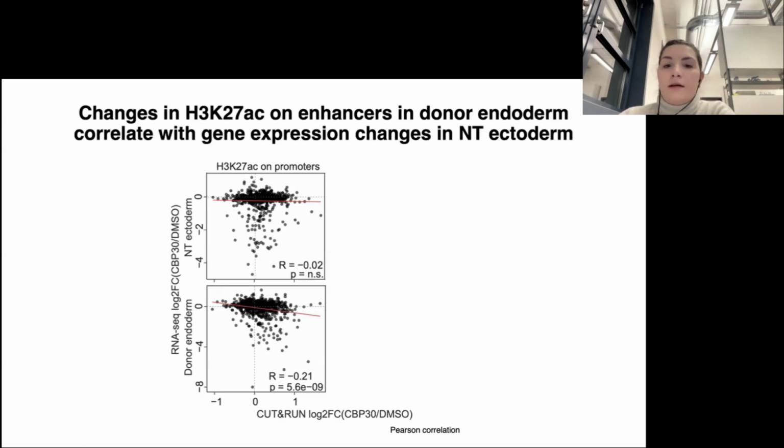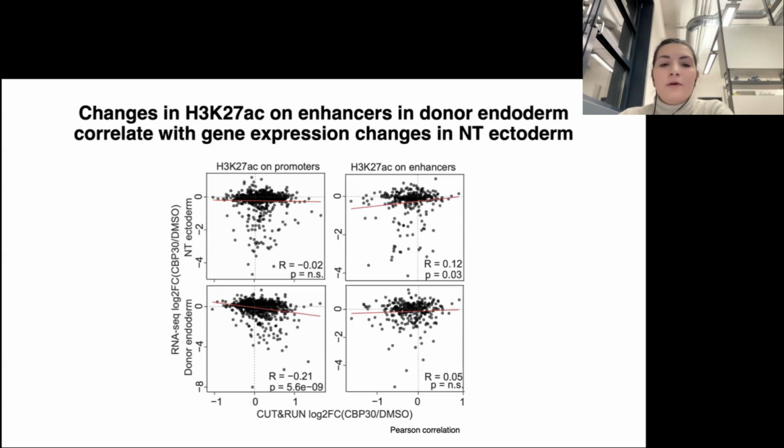So in the donor embryos, we could see that there was a negative correlation between K27 acetyl changes and changes in gene expression, while in the nuclear transfer embryos, we could see that there was a positive correlation between changes of K27 acetyl on enhancers and RNA-seq log fold changes.